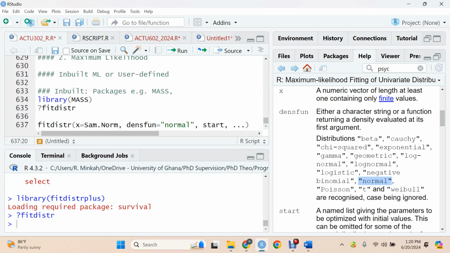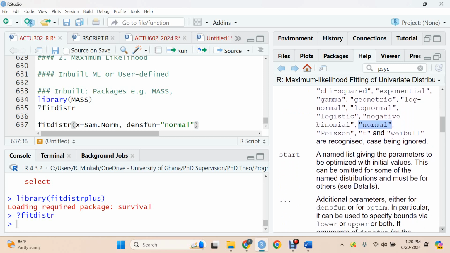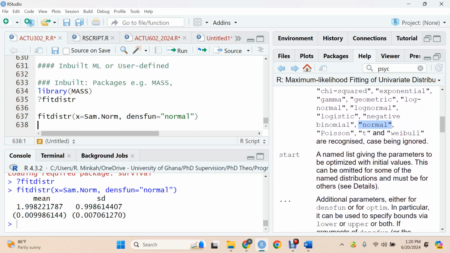Start, I can just ignore it. We can give it a starting value or not. So there it is. So it gave us these maximum likelihood estimates with the standard errors associated with them.